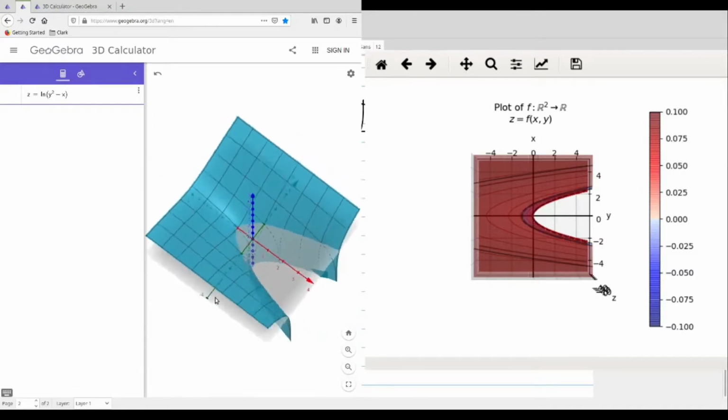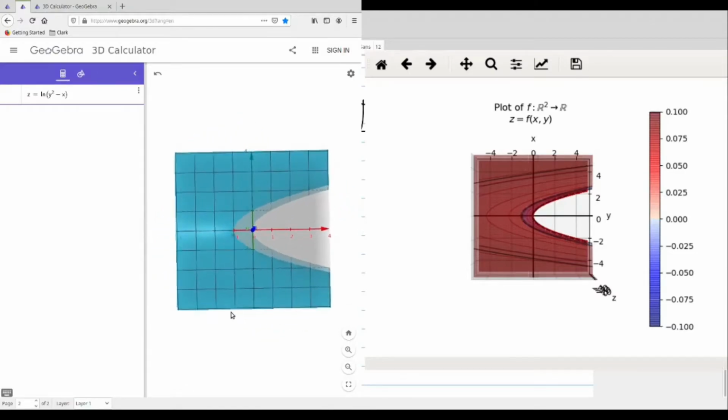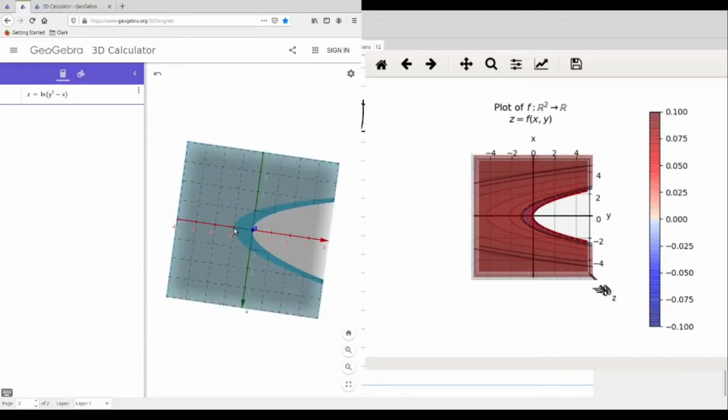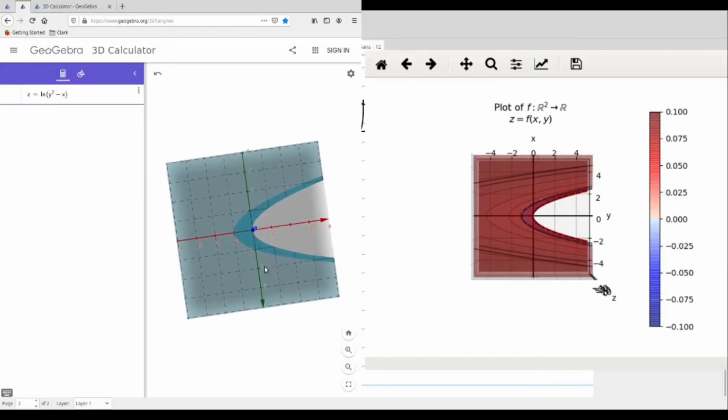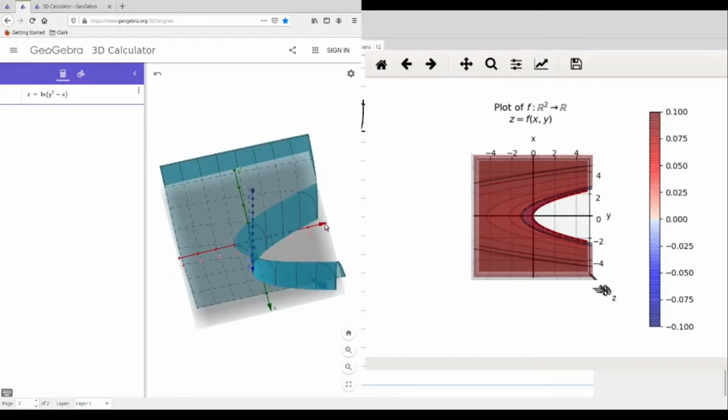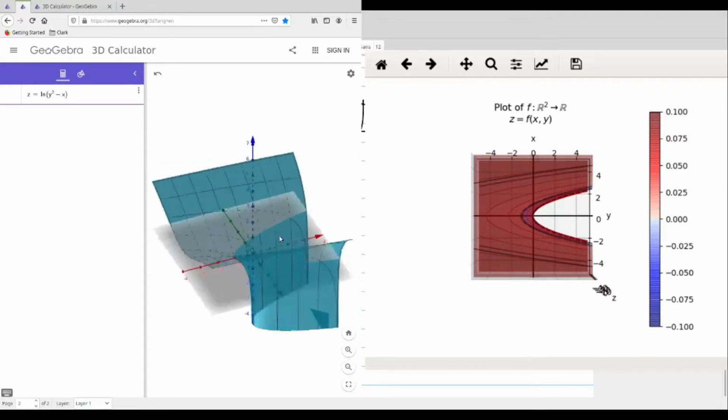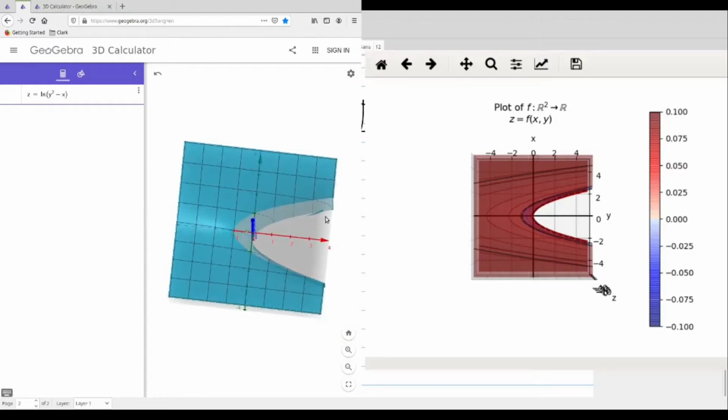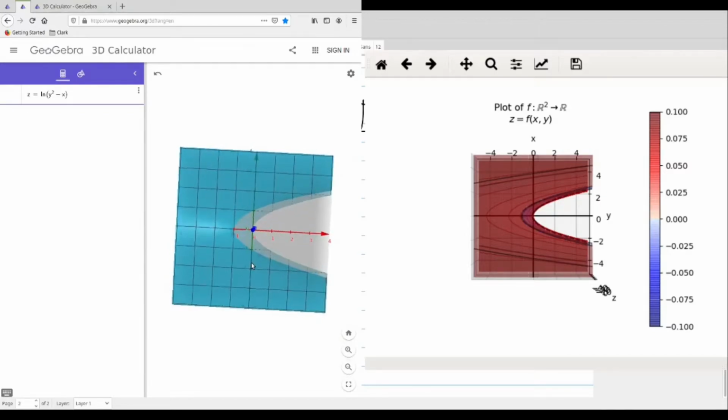The domain of the function, or the set of points where the function is defined in 2D, is exactly this parabola right here. It's the parabola x equals y squared, which is exactly what we calculated before.